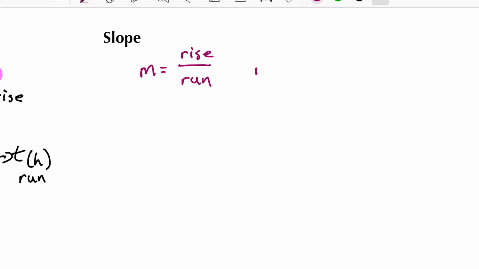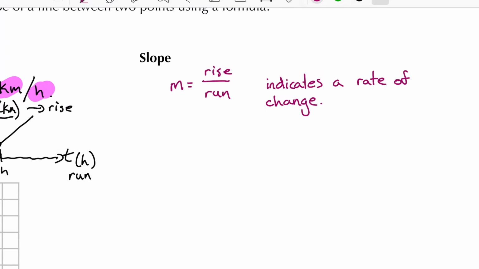So slope indicates a rate of change. It can also be used to measure angles without using a protractor. It's a very convenient way to measure the slope of a hill, what angle it is. So there's all kinds of rates of change that can be measured with slope.